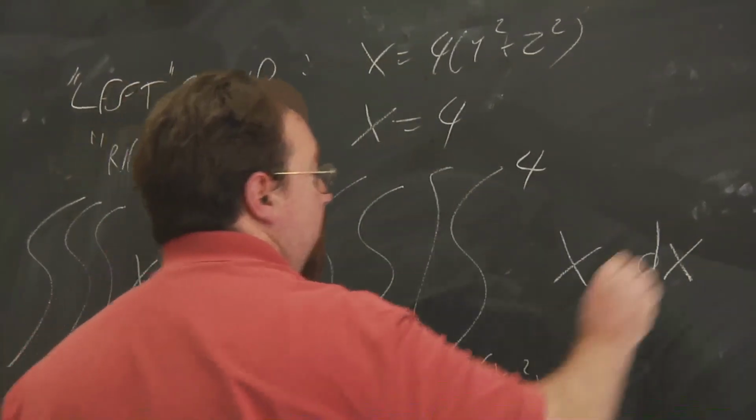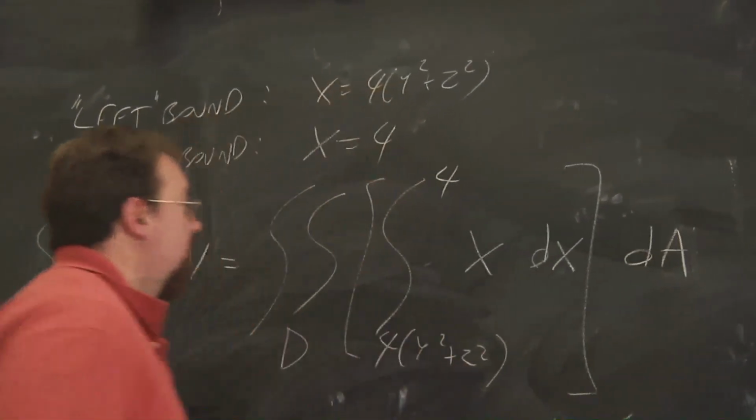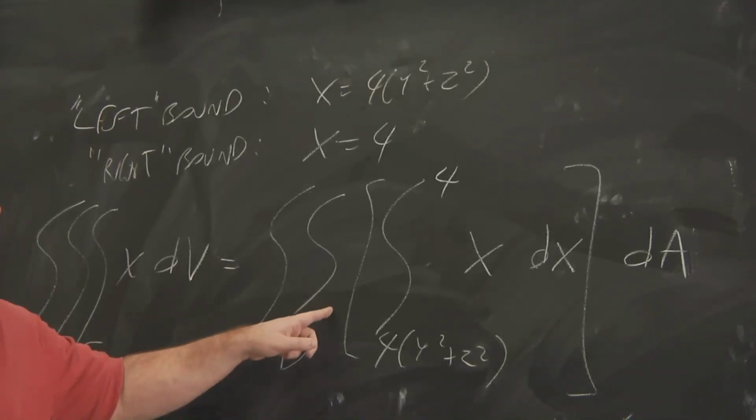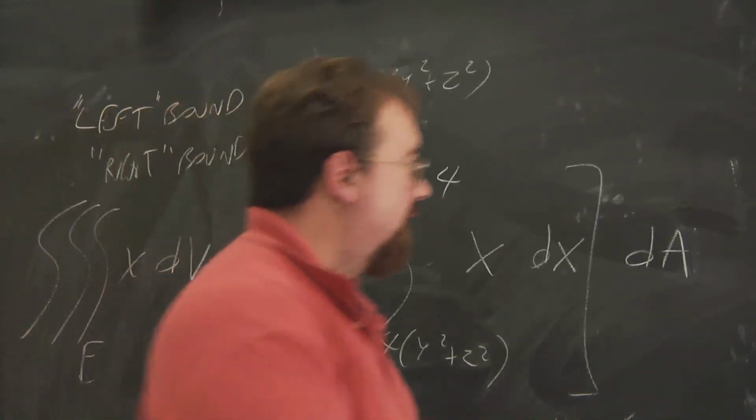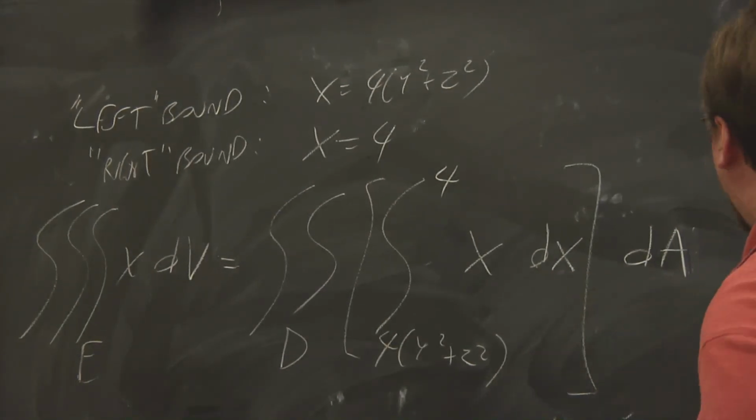So this is our inner integral. And then we have a double integral over the region D. So we need to come up with an idea of what this region D is.